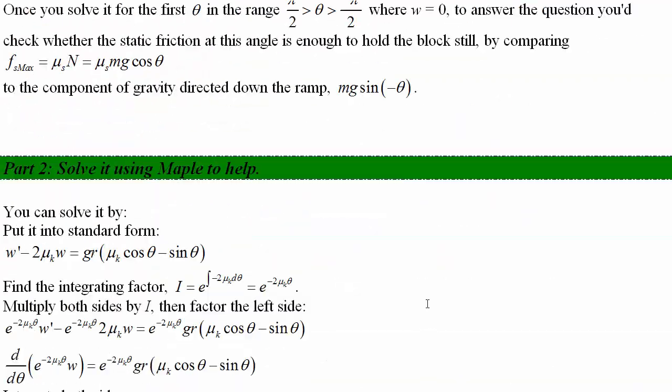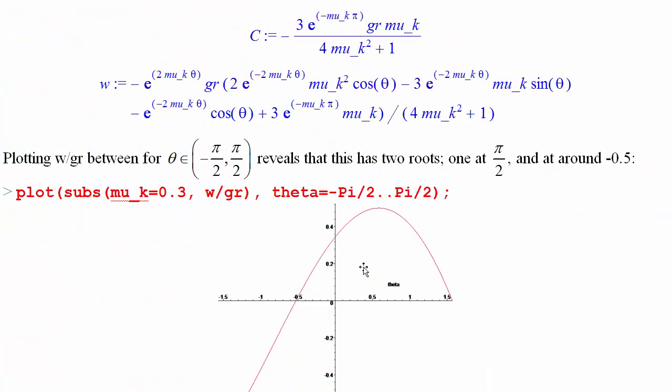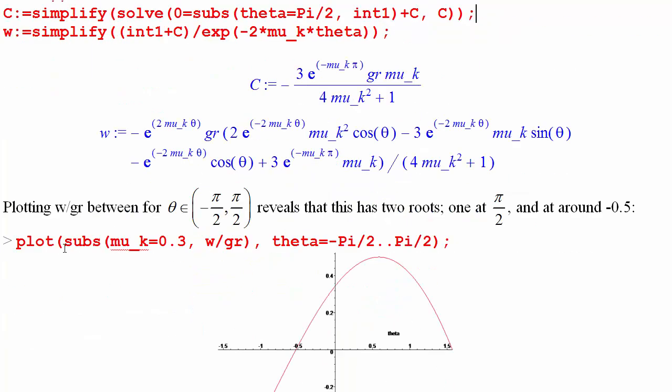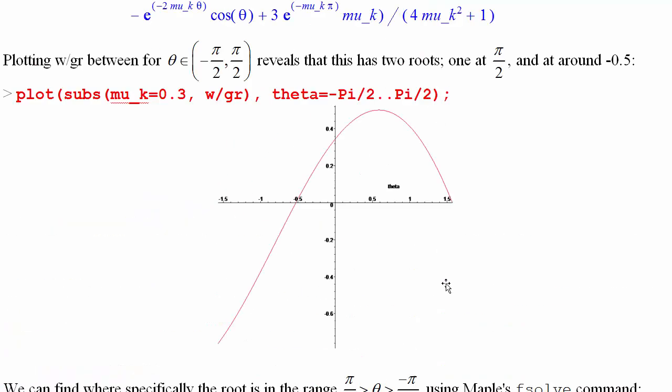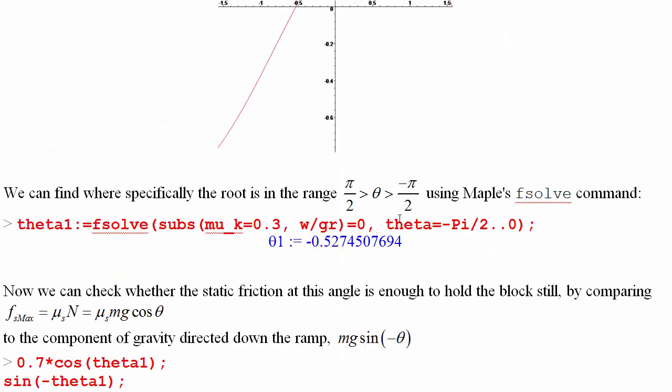So what we're going to do is check. Well, first we'll find out exactly that number. We can use fsolve to do that. This is a floating point solving. So we'll substitute in our kinetic friction component of 0.3, like we did to get the plot, and then we'll solve for w over gr equals 0.